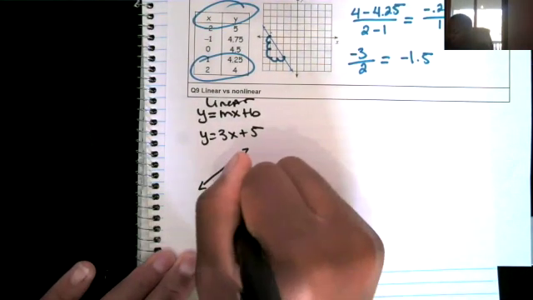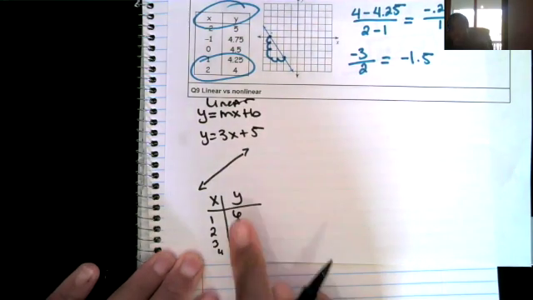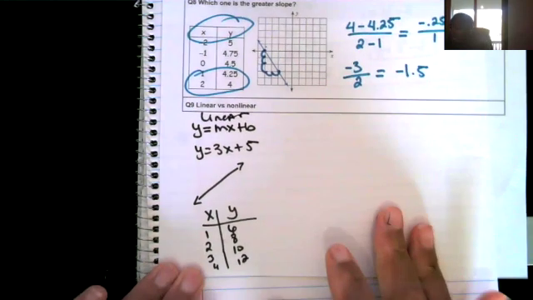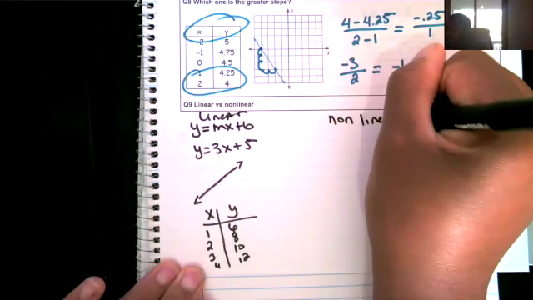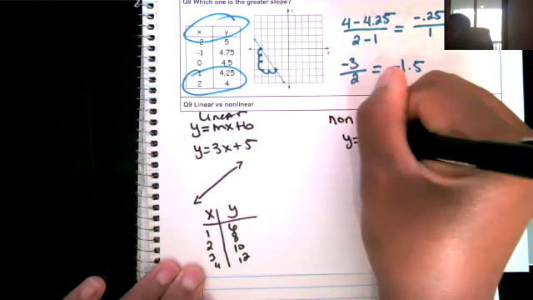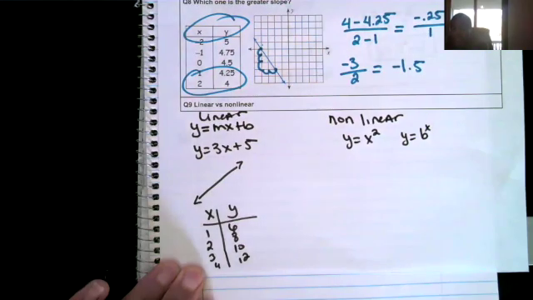So the y's are increasing by 2 each time. So that's what makes it linear. Non-linear is everything else. So anything with a squared, anything with your x being the exponent is nonlinear.